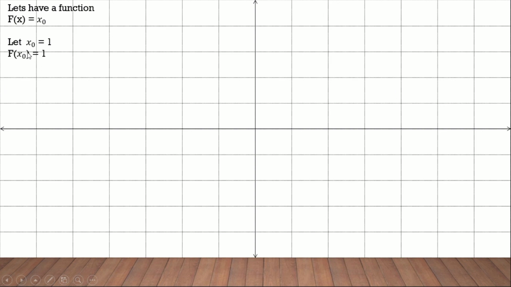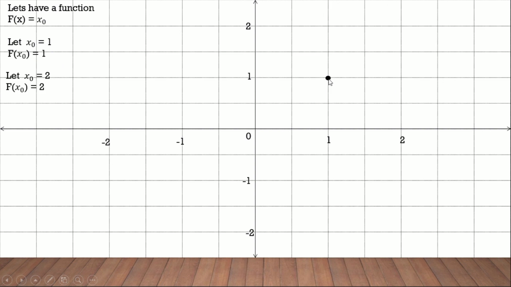So if x naught equals 1, then f of x naught is also going to be 1. And within this graph, we're going to have that point there. If we have x naught and f of x naught, we're going to have 1 and 1. So we have this point there.